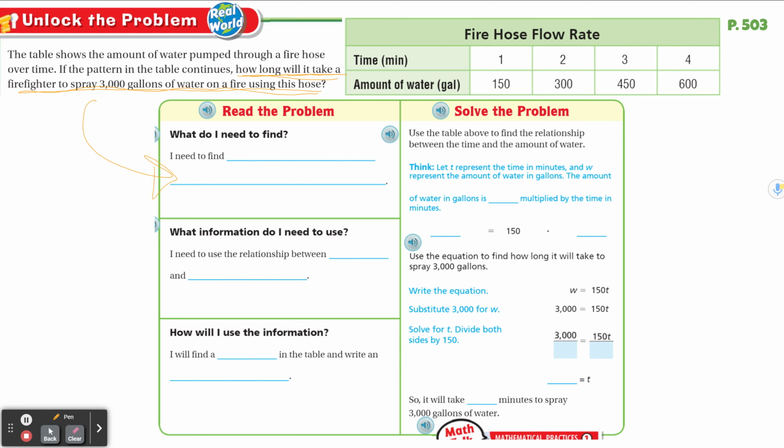And then we're going to think about what information do we need to use. I'm going to think the information that I want to use is this information over here in the table, right? This tells us the information that we're going to want to be using. We want to look at the relationship between the time and how much water is used. So we're looking at the relationship between time and the amount of water.